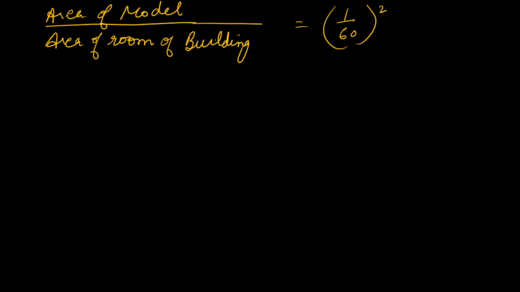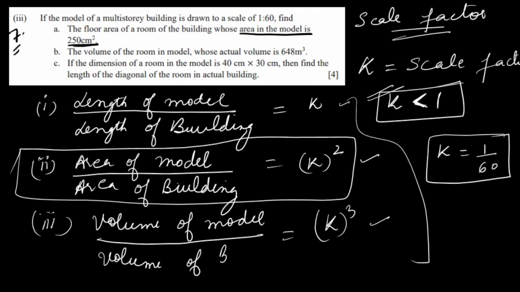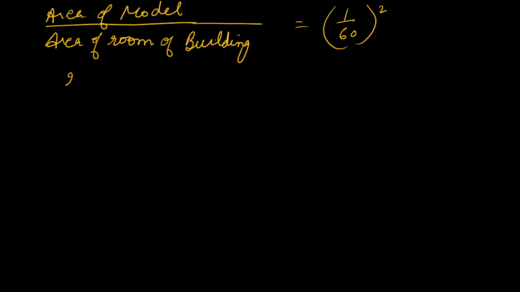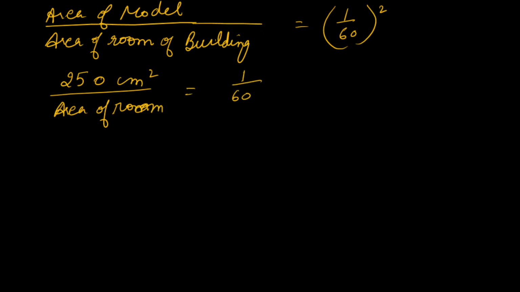Now the model's area is given to us. Area of model is 250 centimeter square. So this is 250 centimeter square and this is area of room, equal to 1 by 60 into 1 by 60.